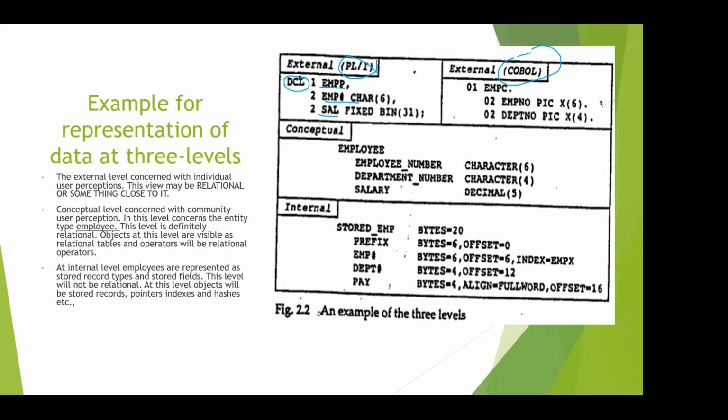So here the pattern is different, not like SQL. Now external COBOL uses some other mechanism. Initially this is a stored file, and again this is a record. Combining these two, we can call it a record or individual stored field, employee number and department number.